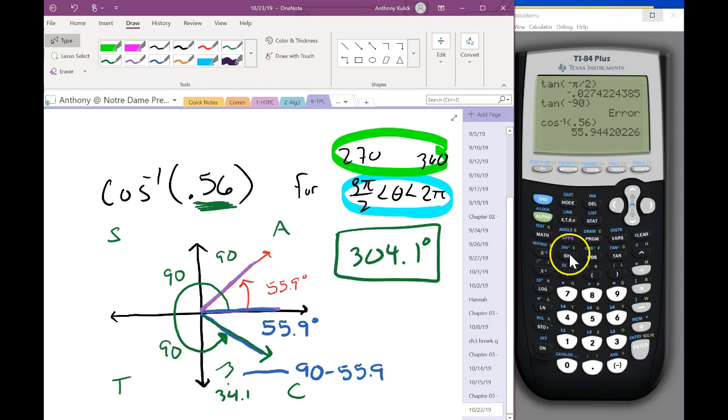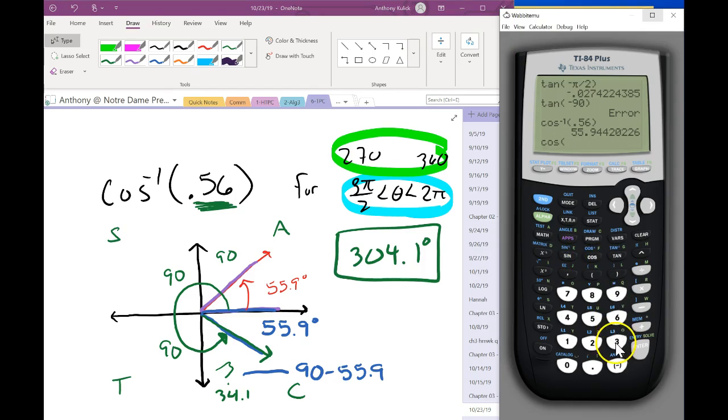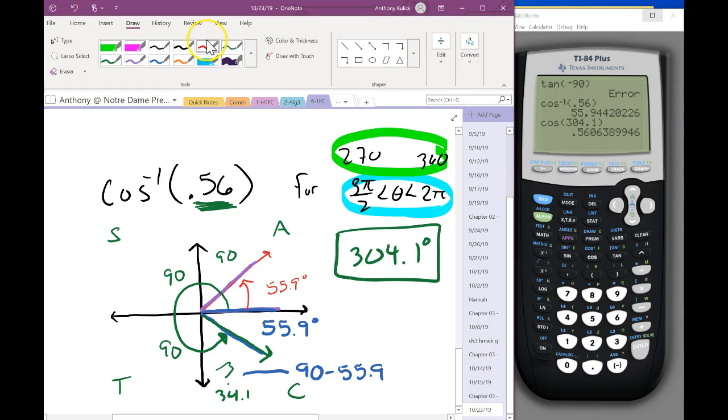And I can check that by just doing cosine of 304.1, which is almost exactly 0.56. Why isn't it exactly 0.56? Because I rounded the 55.9, right? If I kept all the decimals there all the way through, I would get exactly 0.56.